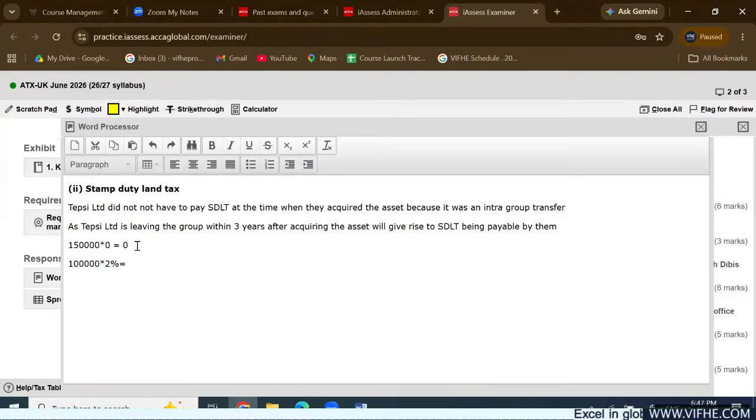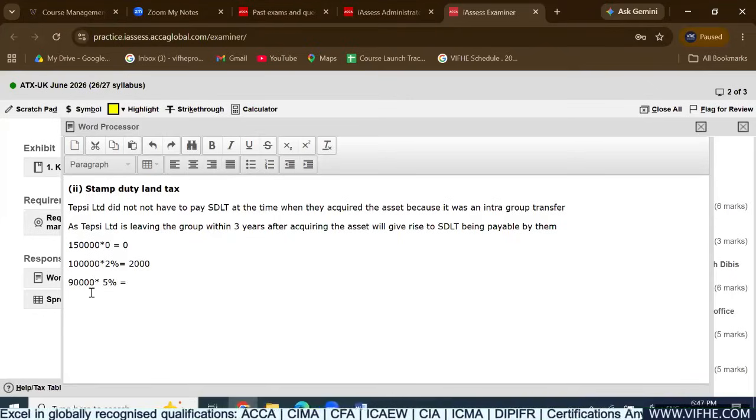That would be equivalent to 2,000 pounds. And then on the remaining, because out of 340,000, I've taken into account the implication related to 250,000. So on the excess 90,000 pounds, we shall be applying the rate of 5%. So that would give rise to a tax figure of 4,500 pounds, right?